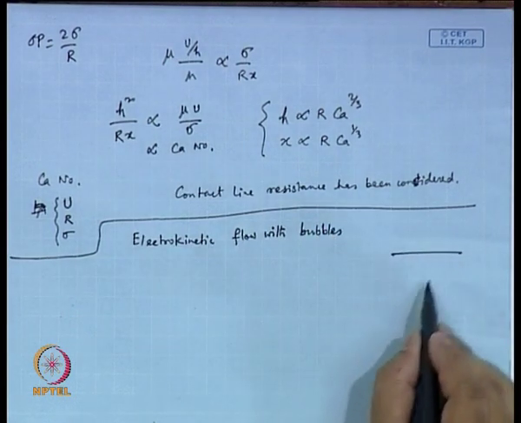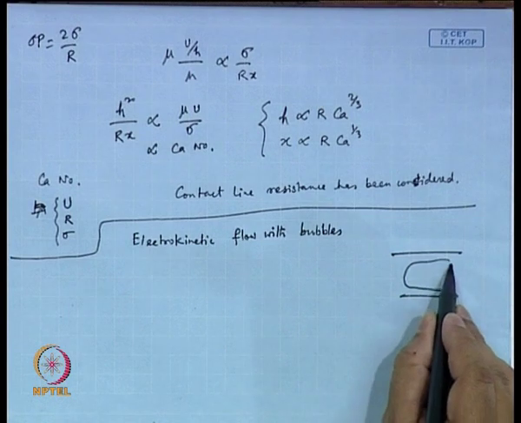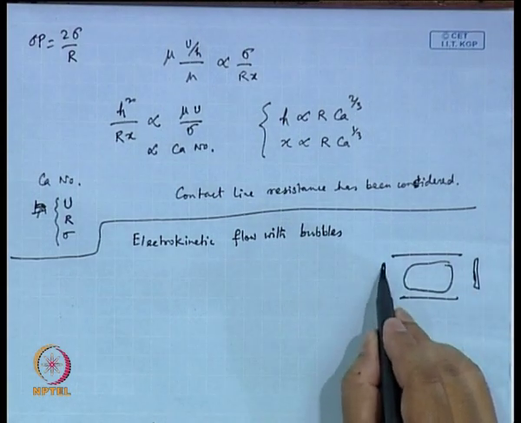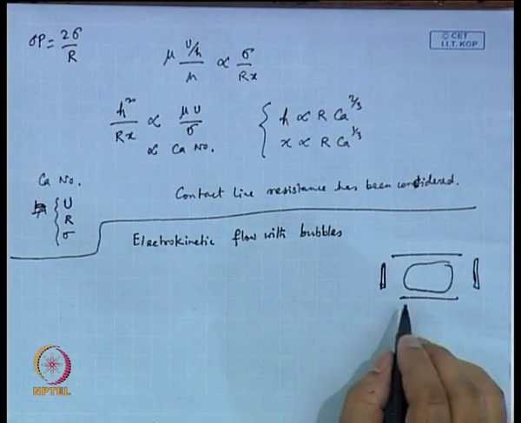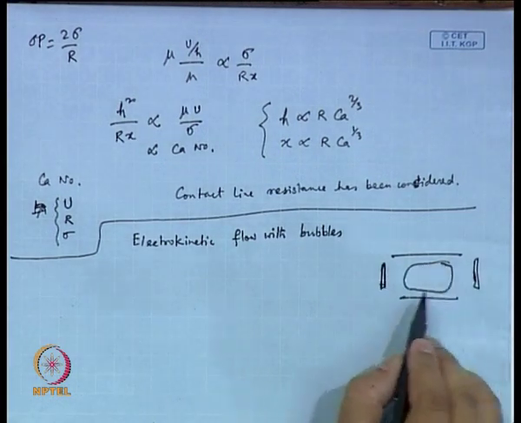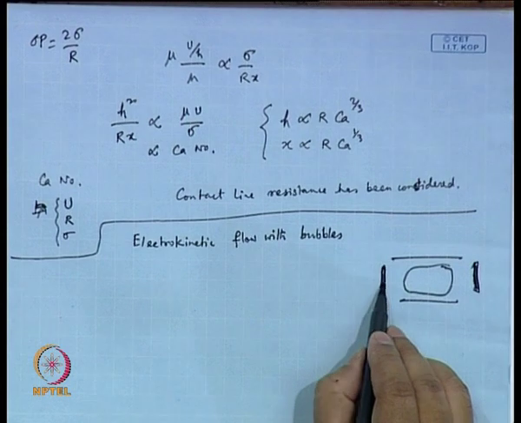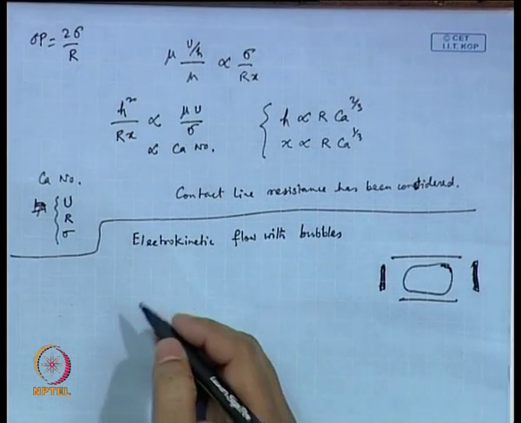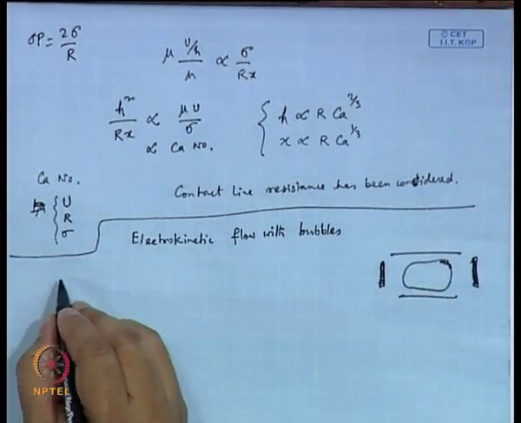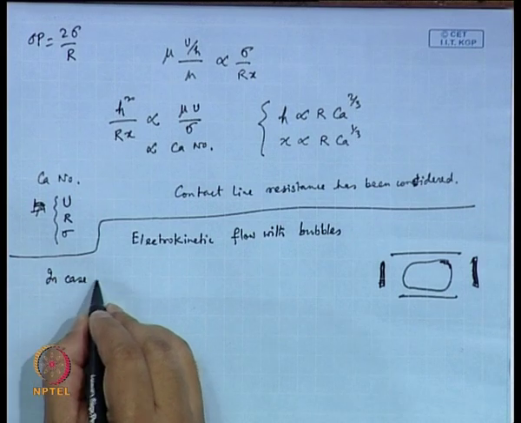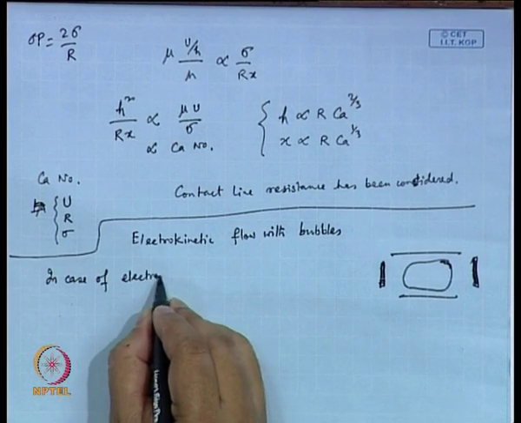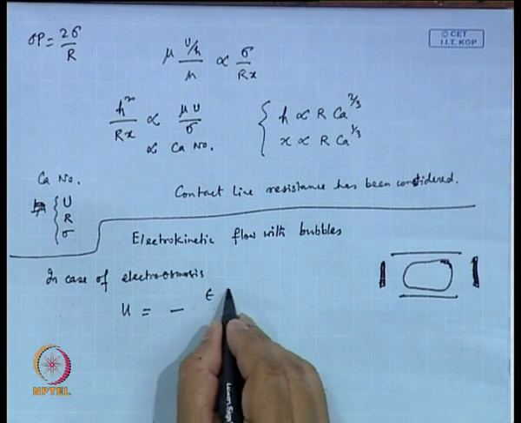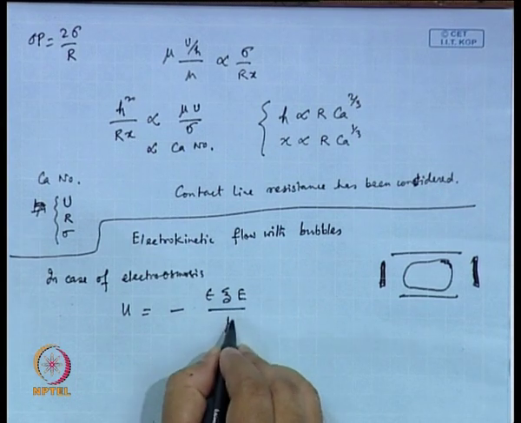That means you have this microchannel, you have a bubble placed axisymmetrically, and then you have an electrode here and an electrode there, just the way you have conducted electroosmotic flow or electrokinetic flow. So, you have these electrodes and you want to induce a flow, then what happens if you do this? The problem here is that in case of electroosmosis, velocity u is equal to minus epsilon zeta E divided by mu.